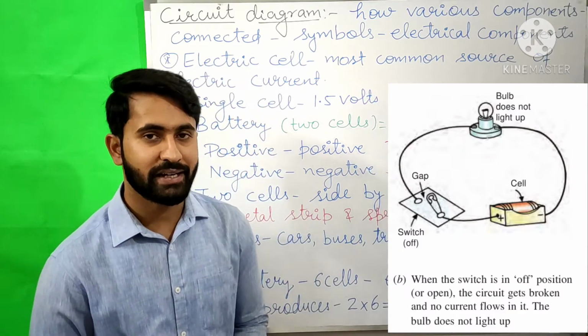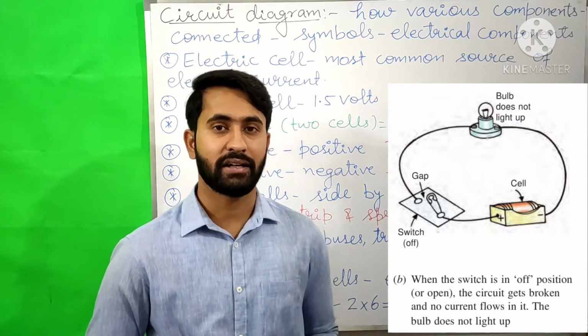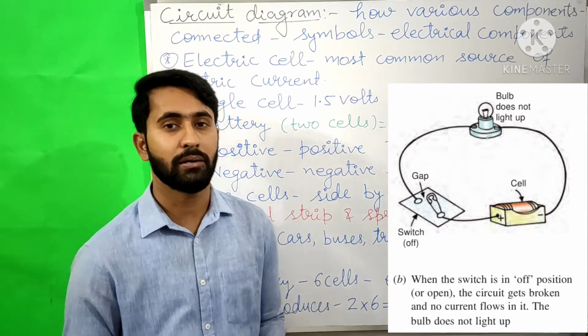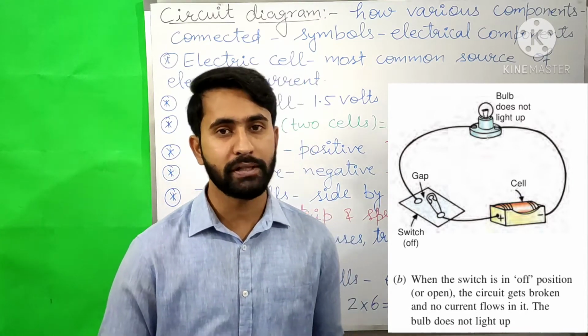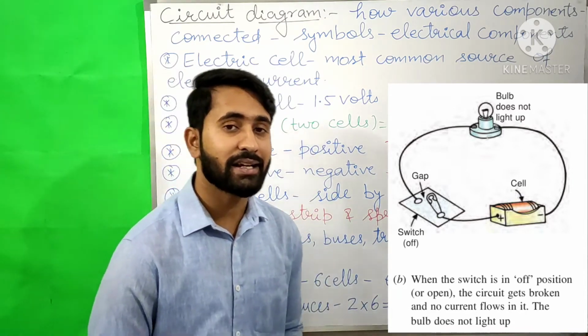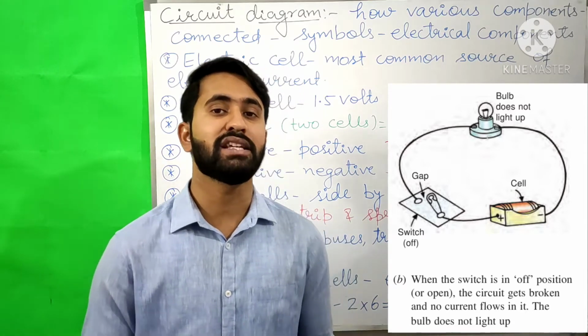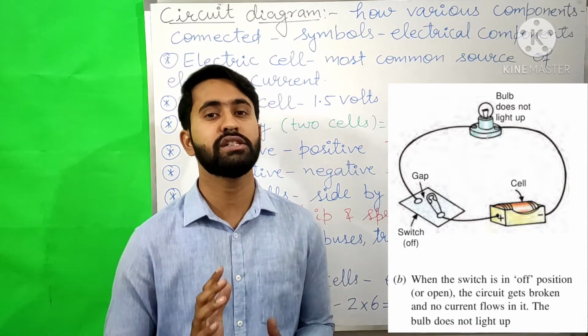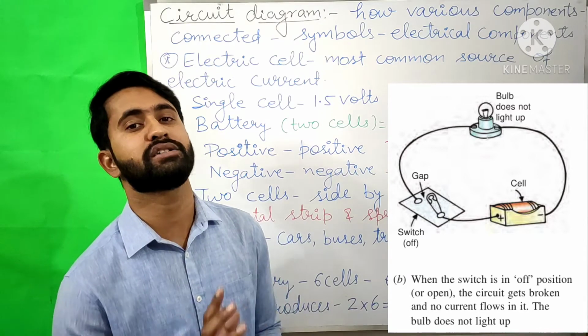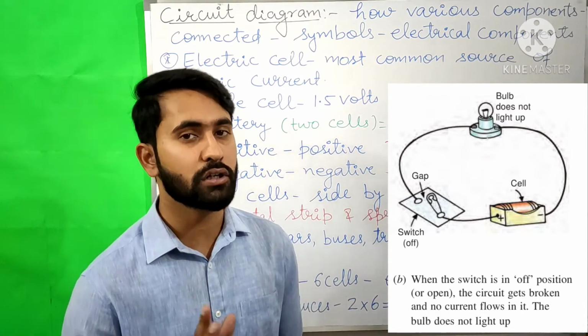Now this is the circuit diagram of an electric circuit which consists of a bulb, a cell and an open switch. As the circuit is incomplete, or we can say broken, because the switch is open, the bulb does not light up or glow.